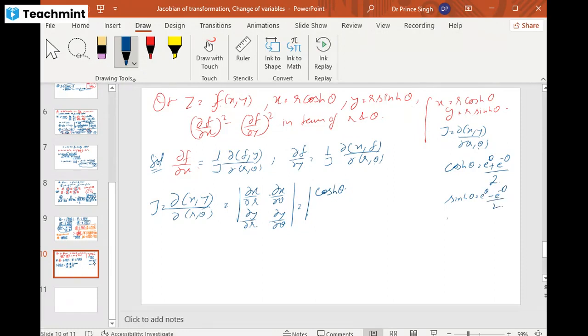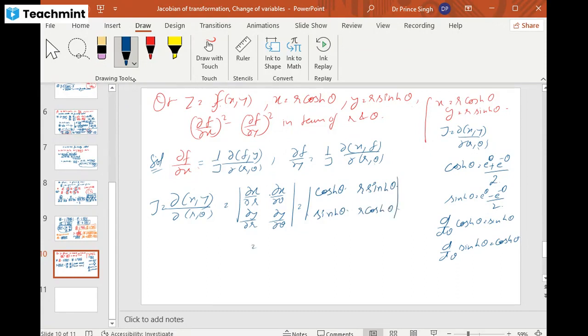So the derivative of cos hyperbolic theta is sine hyperbolic theta, and the derivative of sine hyperbolic theta is cos hyperbolic theta. You can differentiate and get this result, right? So the derivative of x with respect to theta is r times sine hyperbolic theta. The derivative of y with respect to r is sine hyperbolic theta, and the derivative of y with respect to theta is r cos hyperbolic theta.